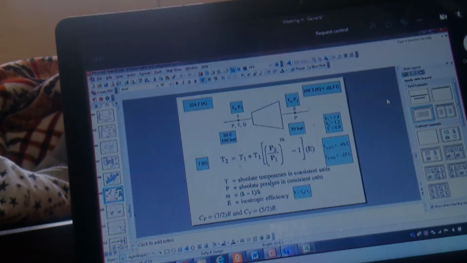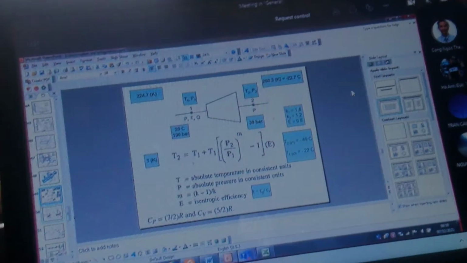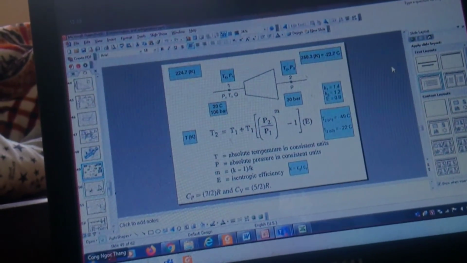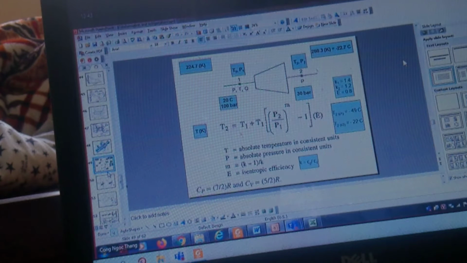Last lecture we talked about distillation. We finish this chapter.